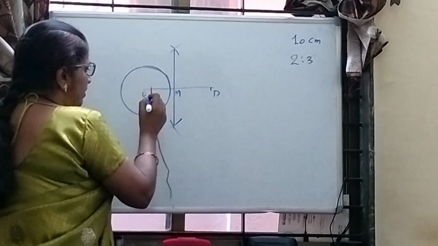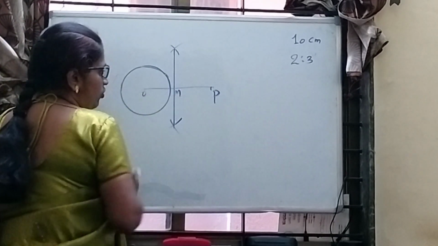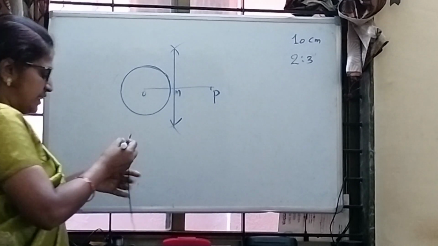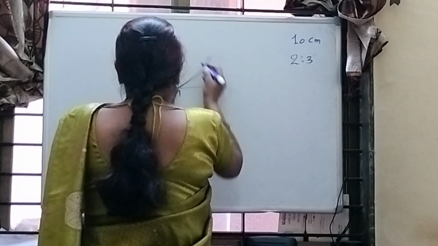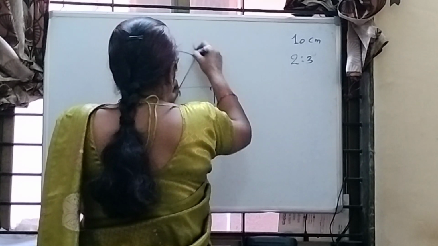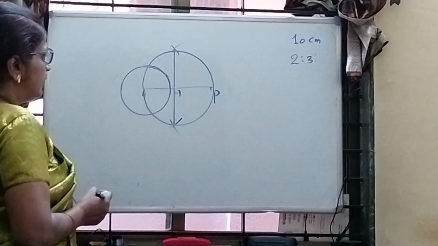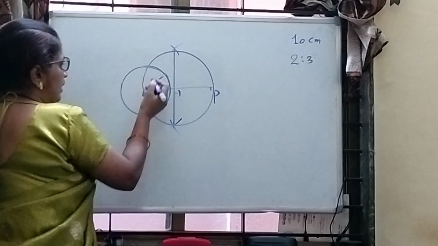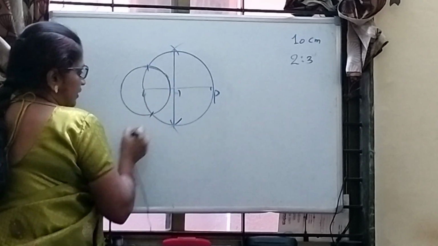Now, if we measure, OM will be equal to PM. Then with M as center, either MP as radius or OM as radius, draw another circle. So, you can draw like this circle. And this circle cuts the previous circle, our original circle, at 2 points like this.